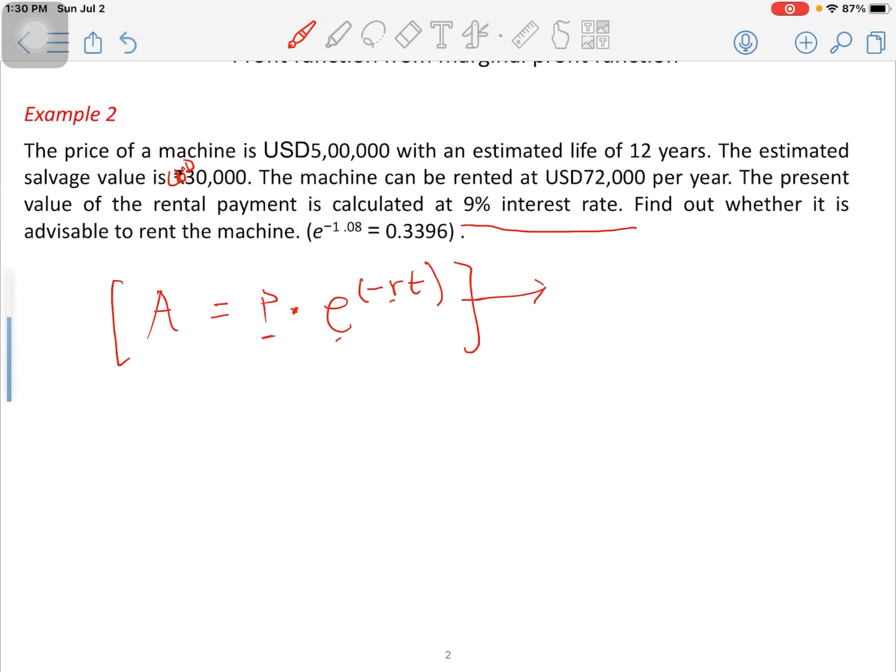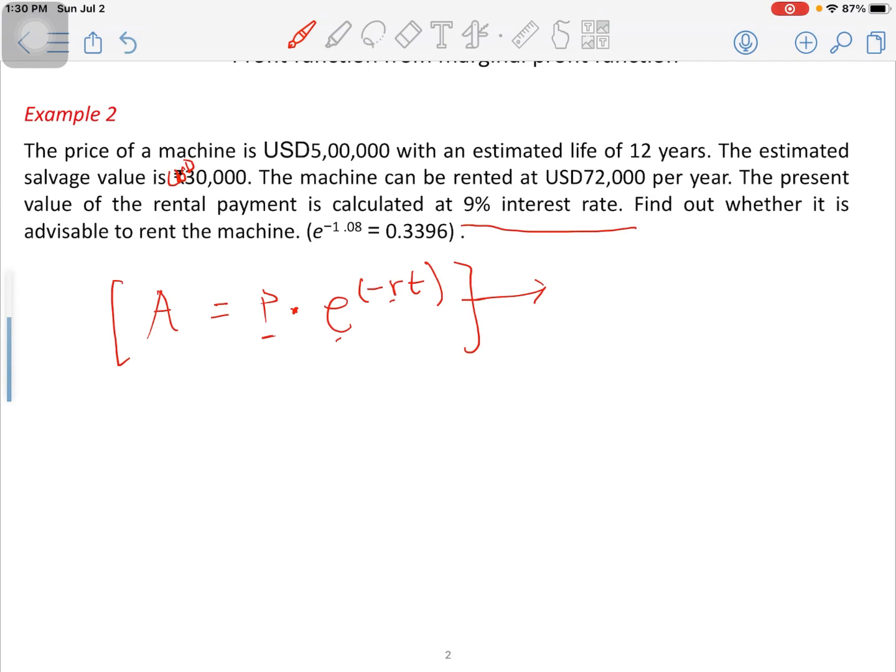So basically, when you multiply the future value by the exponential function, you obtain the present value of the cash flow, which can also be expressed in today's terms.